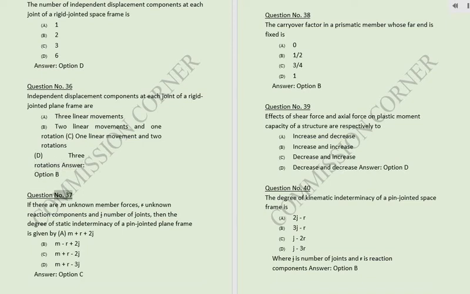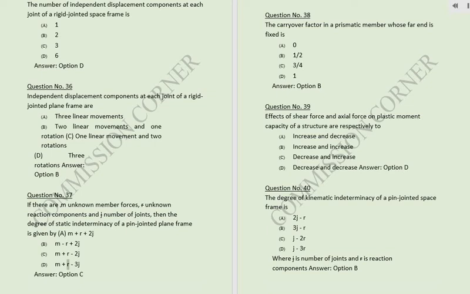Question number 37. If there are M unknown member forces, R unknown reaction components and J number of joints, then the degree of static indeterminacy of a pin-jointed plane frame is given by: A, M plus R plus 2J. B, M minus R plus 2J. C, M plus R, 2J.